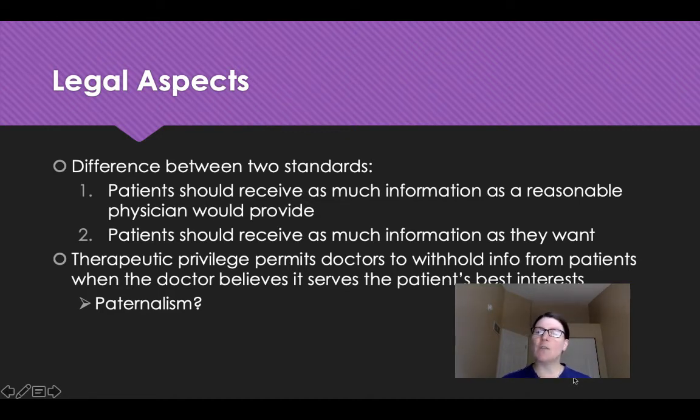There is a notion called therapeutic privilege, and therapeutic privilege does allow doctors to withhold info from patients if they feel that it's in the patient's best interest. So instead of bombarding, let's say, a newly diagnosed cancer patient going through informed consent for chemotherapy treatment, and there's 400 other different options, and hopefully they had a good discussion about all of this and this isn't just a form being filled out, but there's tons of other options.